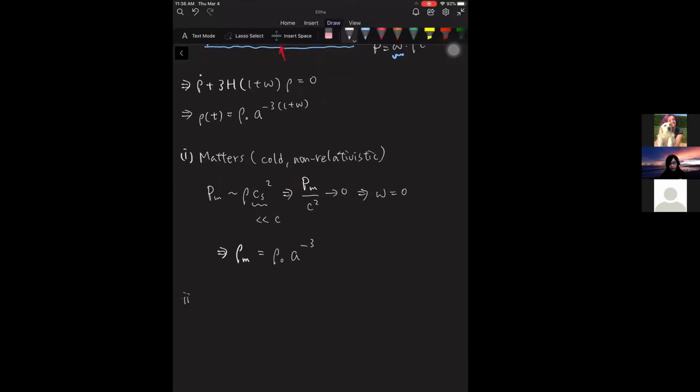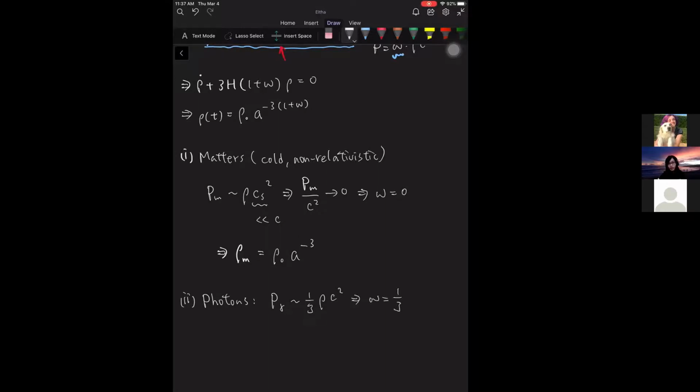And then the second part, if we consider photons. For photons, the radiation pressure is basically 1/3 rho c squared. So that means omega is 1/3.